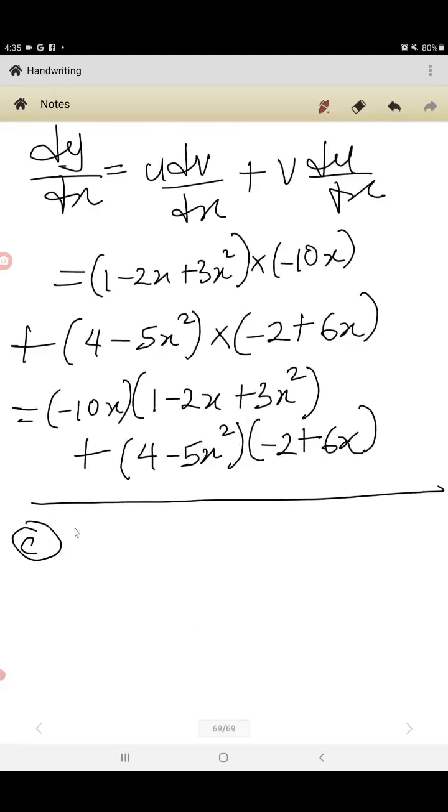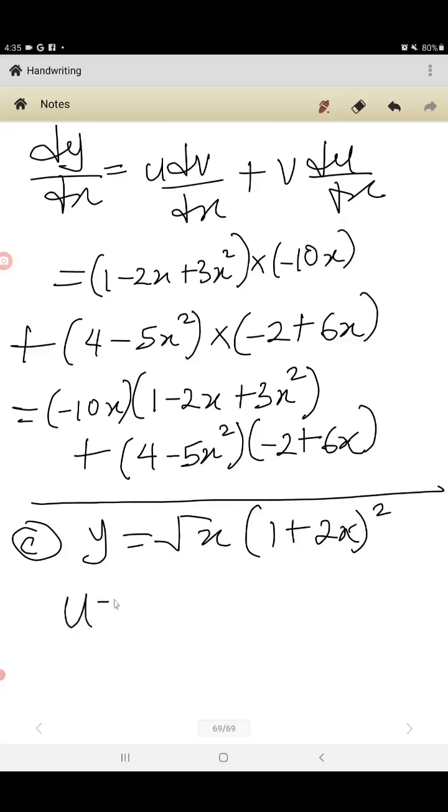Let's have another example. Say y is root x multiplied by 1 plus 2x all squared. You realize that there is a composite inside the product.